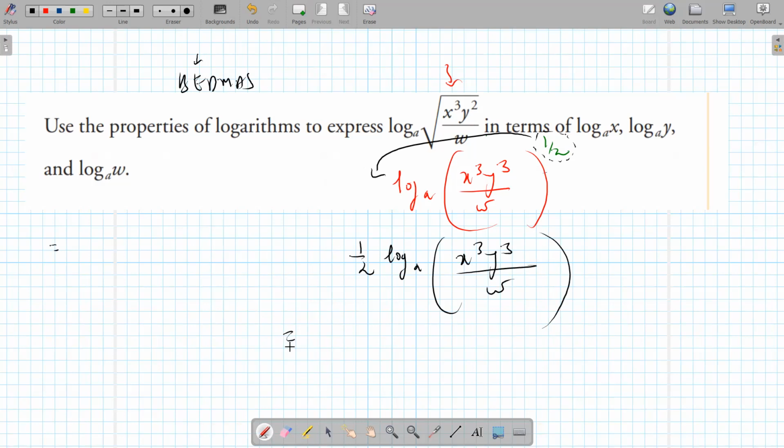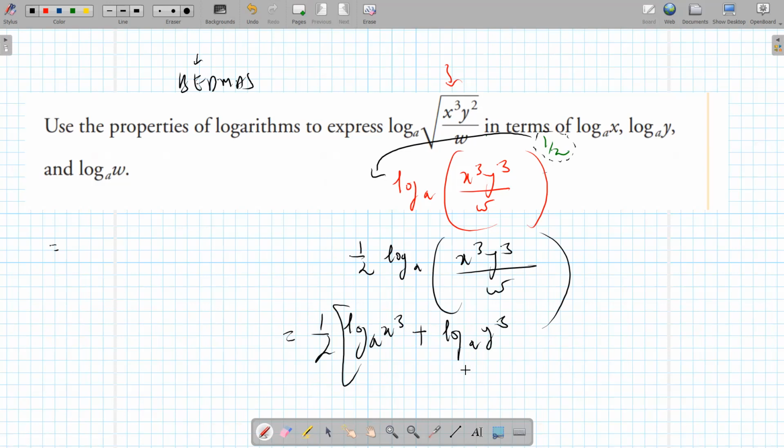Now what? Here, I'll tell you. I'll do this one. It's going to become 1 over 2. You see we have x cubed, y cubed. Well, that's simply log x cubed plus log y cubed as individual logarithms.